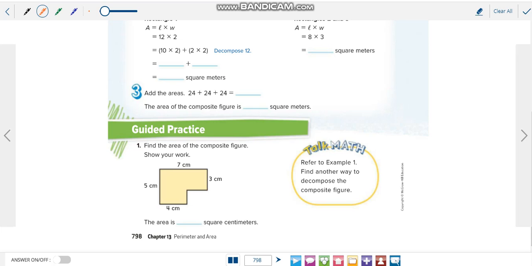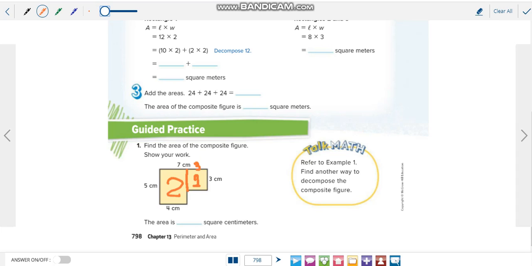So in here, as you can see, I got a rectangle and a square. So you're going to put this as square 1, and this is going to be rectangle 2. This one is a square. Remember, squares have the same length on the 4 sides. So this part over here is also going to be a 3.